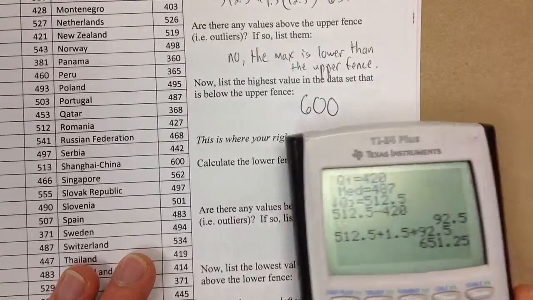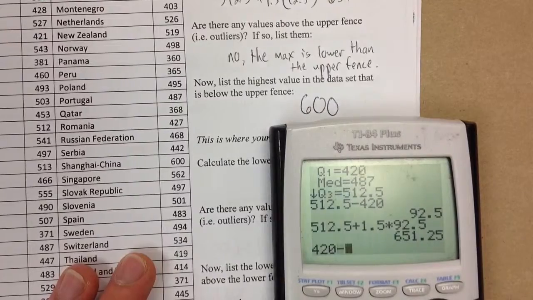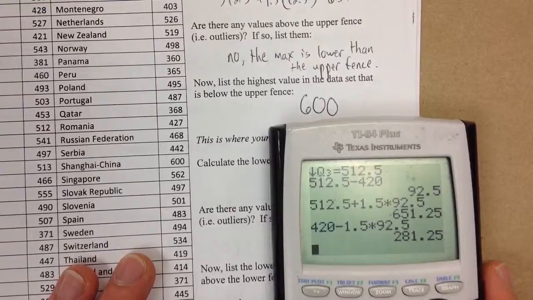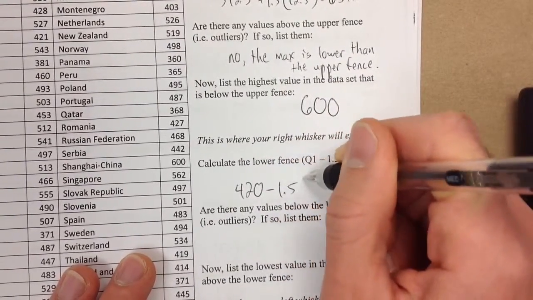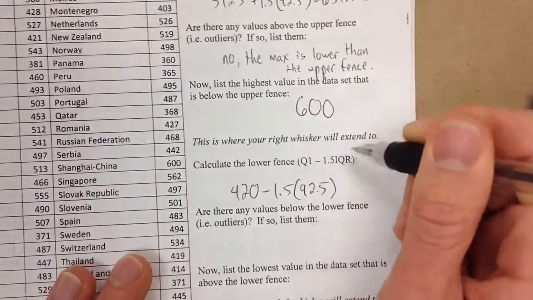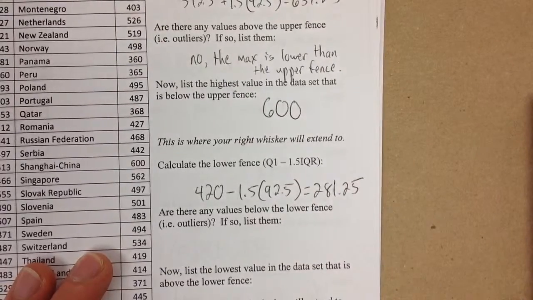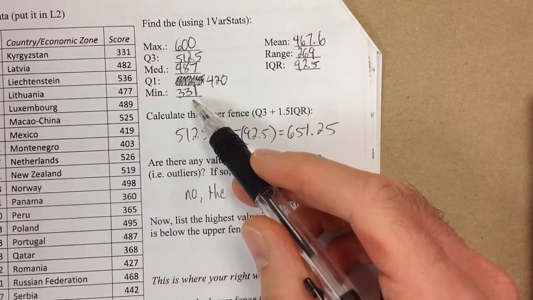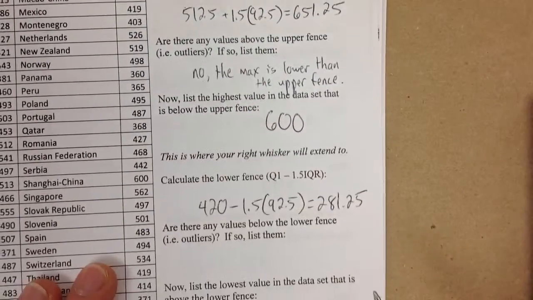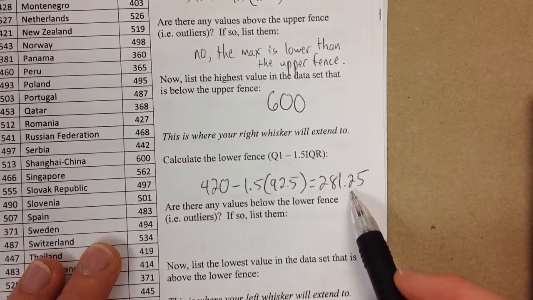The lower fence, like before, is 1.5 box widths under the first quartile, 281.25. Look at the minimum. It's 331. Notice that that is above the lower fence.